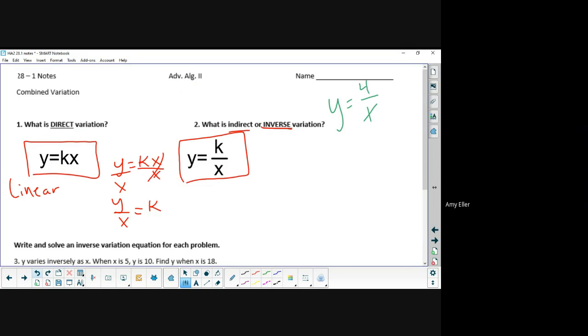You guys know how to graph this. This is a parent function. Do you remember what that looks like? What would the 4 do to that graph? Vertical stretch. So this is definitely not linear. You can write down not linear. You can write what it would look like. Just the main thing is to know it's not linear.